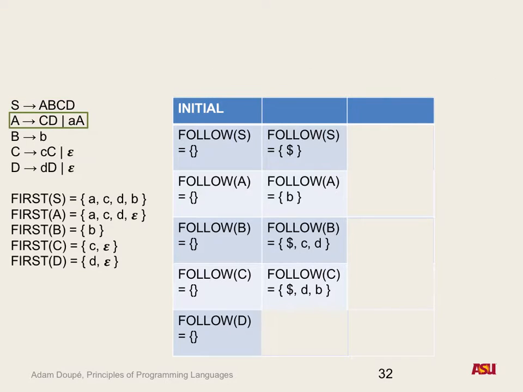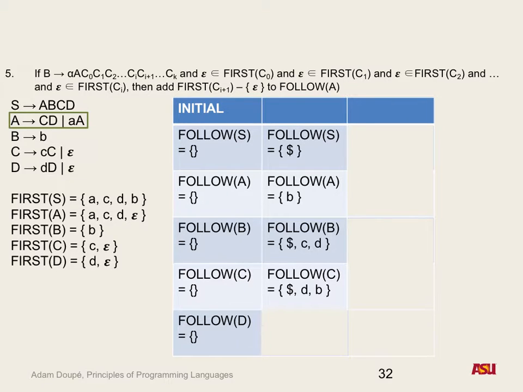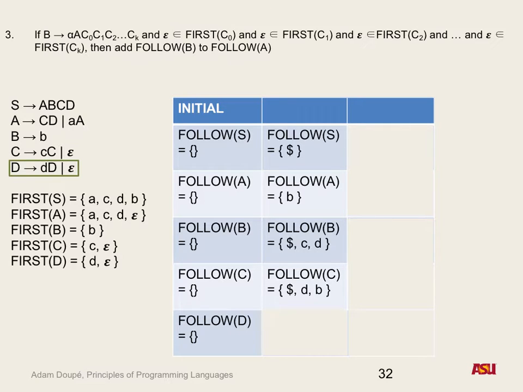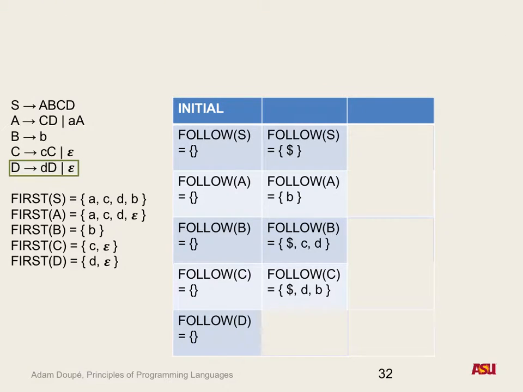What about for this rule? Yeah, same reasoning, follow of A. The second rule applies. We add the follow of A to the follow of D. And none of these other rules apply because we are the last element. Cool. Okay, follow of D, same thing. Nothing changes. So we get follow of D is end of file, B.